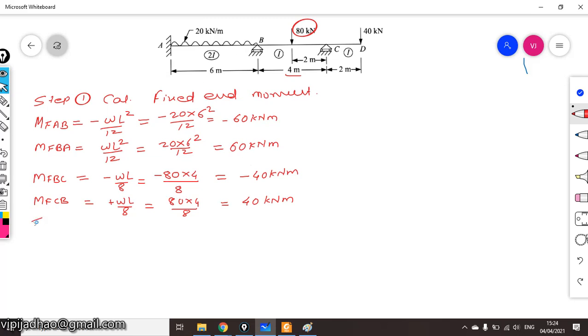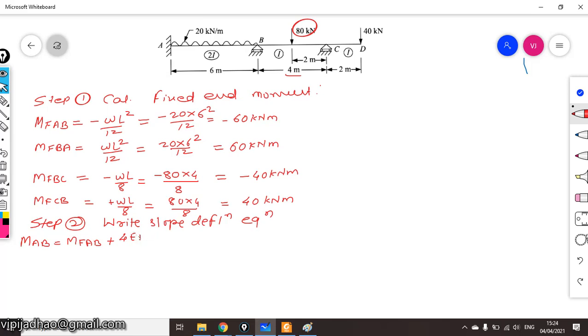Step number two, which we have discussed earlier, is to write the slope deflection equations. Now for span AB, the slope deflection equation is MFAB plus 4EI theta near end, theta A, divided by L, plus 2EI theta far end divided by L, minus 6EI delta upon L square.